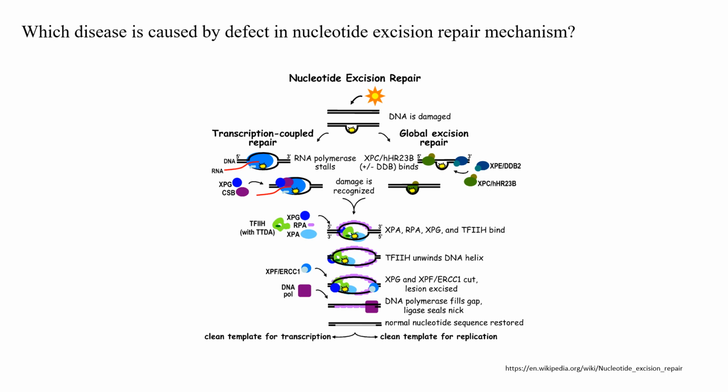Deficiencies in NER, that is nucleotide excision repair, are associated with extreme skin cancer-prone inherited disorders such as xeroderma pigmentosa. So a very famous disease caused due to a defect in the nucleotide excision repair mechanism is xeroderma pigmentosa.